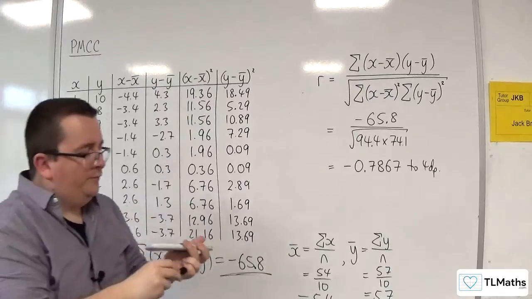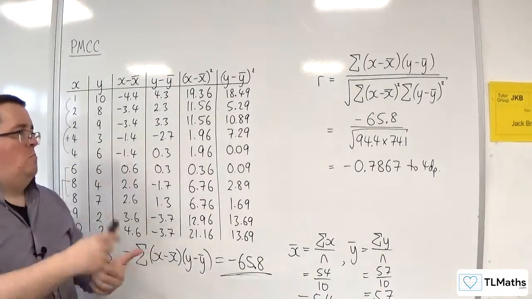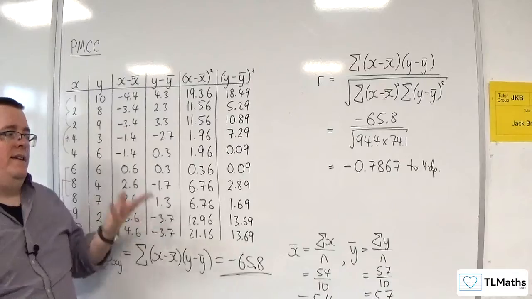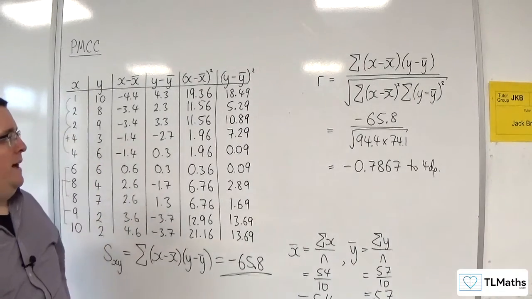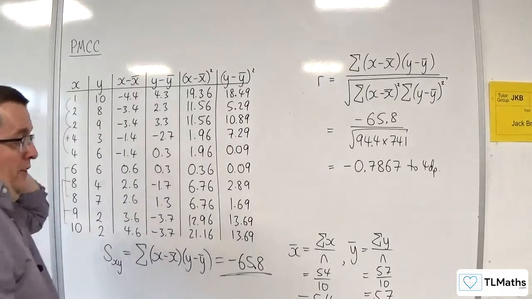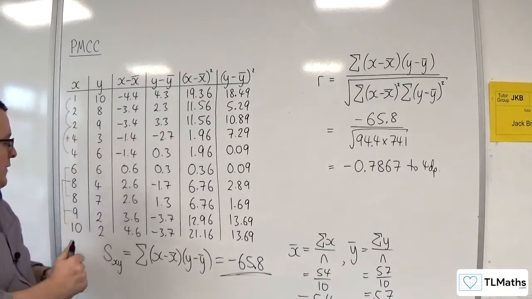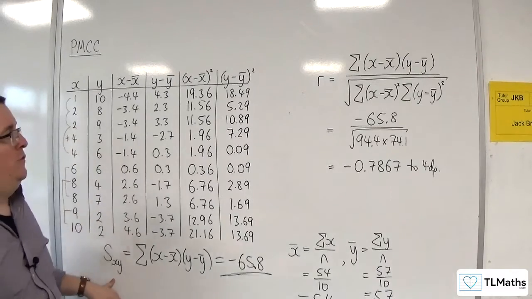And so that value is identifying that we've got moderately strong negative correlation. Okay, and so that is my PMCC for this data. Now, as I identified, we refer to that as Sxy, that is the shorthand notation for this.